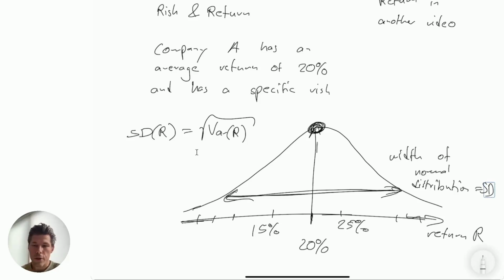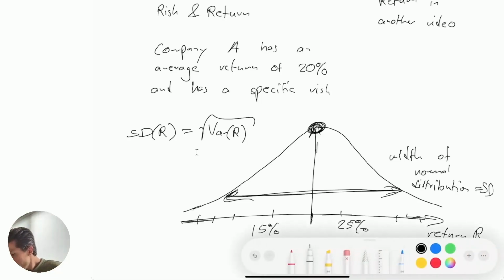You may have heard of 2 standard deviations, 1 standard deviation, and so on. The greater the width of this normal distribution, the more volatile and the greater the risk. So the greater the standard deviation, the more variation there is, positive and negative, the more volatile and the higher the risk. Risk usually sounds negative, but here we don't look at negative or positive, we look at volatility.